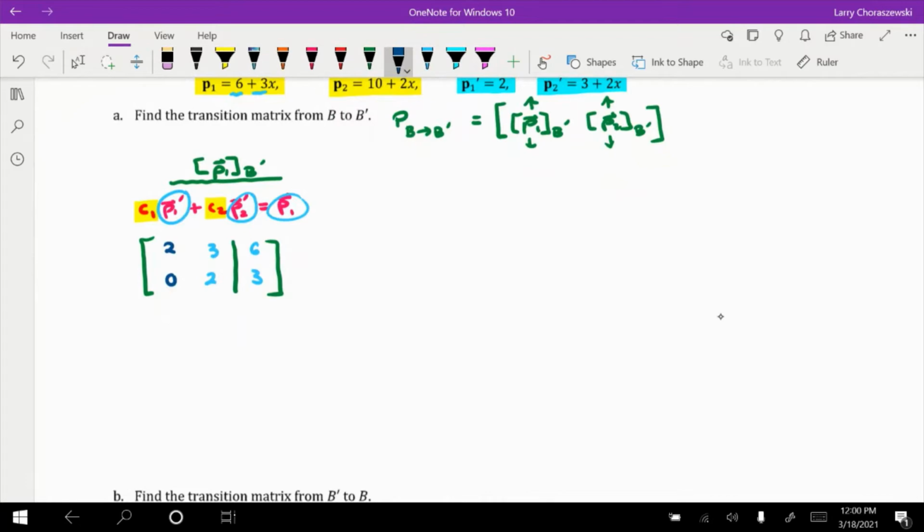I'll provide the RREF version of this matrix. Then I'll give you a shot at this with P2 relative to B prime. You get the 2 by 2 identity on the left, and you get these two numbers on the right, 3/4 and 3/2. Now, what do they represent? Well, they represent the values of the coefficients. This tells us that C1 is 3/4 and C2 is 3/2.